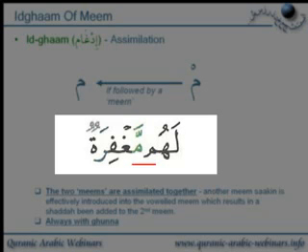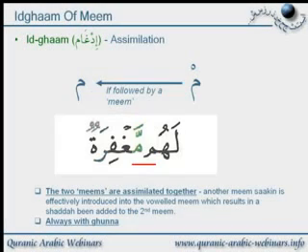And essentially, instead of saying lahum, taking a pause and then saying maghfira, we now say lahum magh. So you're assimilating the two meems, effectively become one, and you're doing the ghunna. So that's assimilation. And again, the shadda has been put in there for the purpose of the idghaam.